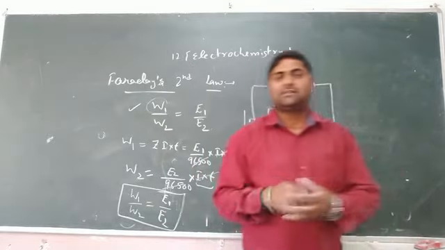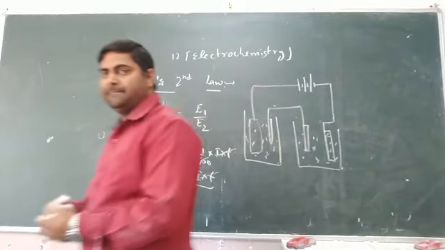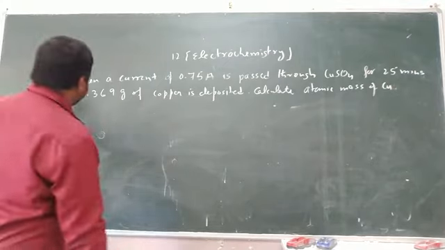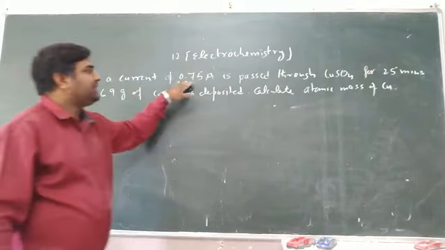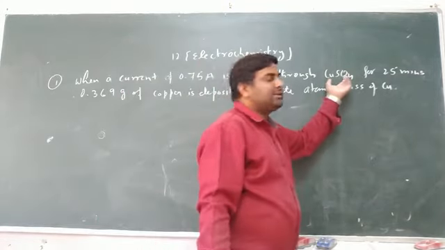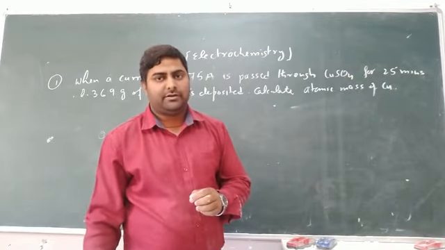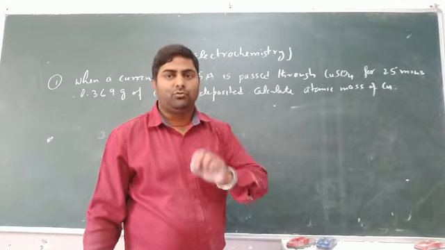Now we are going to discuss a few numericals based on Faraday's laws. Now you can see a numerical. It says when a current of 0.75 ampere is passed through copper sulfate solution. Now keep in mind copper sulfate is a salt. We know the N factor for copper sulfate will be 2.